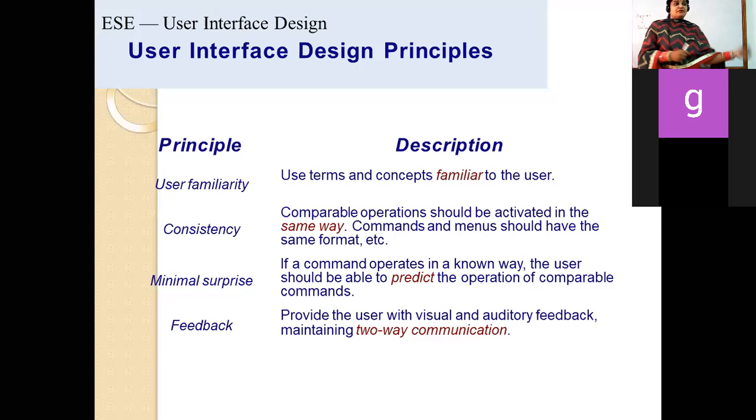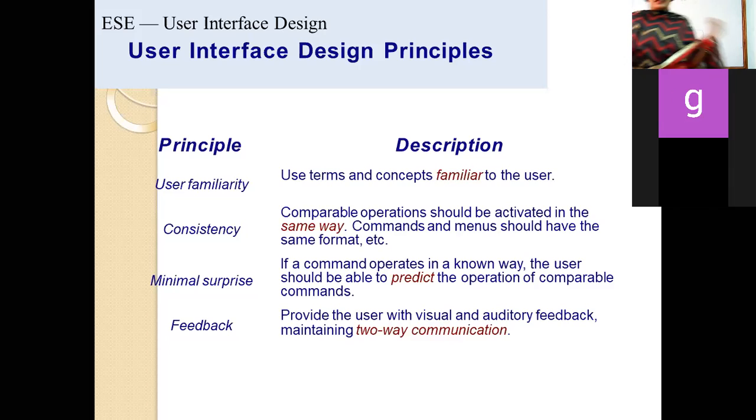There should be total consistency in all the formats for menus, and for all the commands in the menus. Like we use control B, control I, control U. We use everything with control to highlight that particular text. So there should be some kind of consistency.